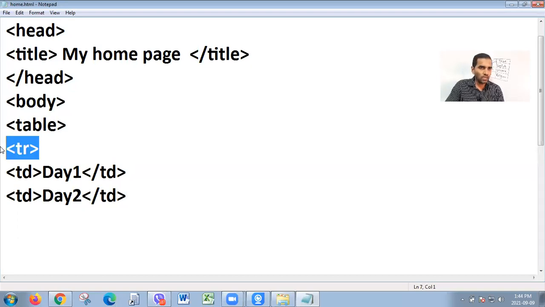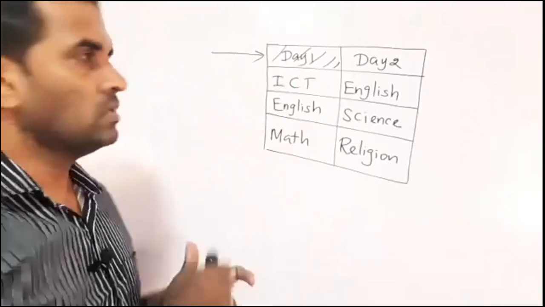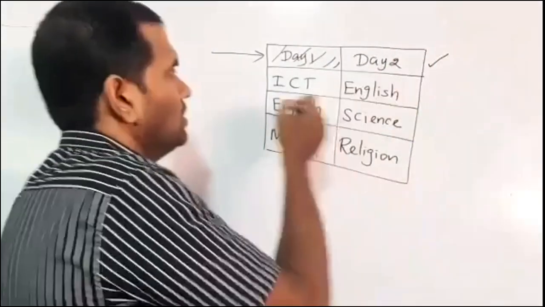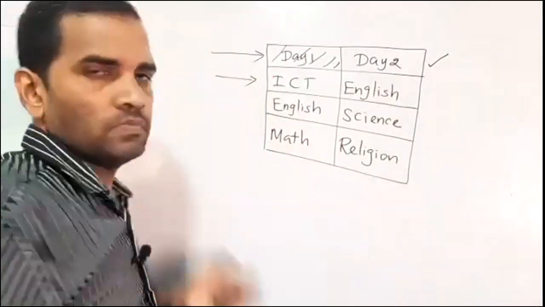You have added TR here in order to create the first row. So now it's time to close that TR. That's it. You have to use the same idea for the remaining rows. Now the first row is over. We have to create the second row.